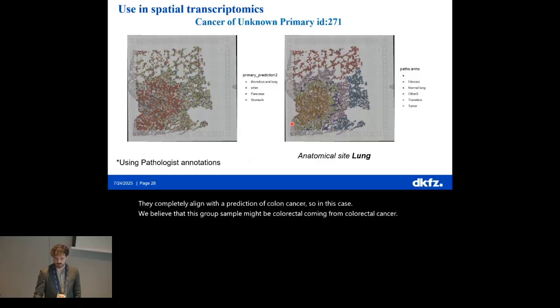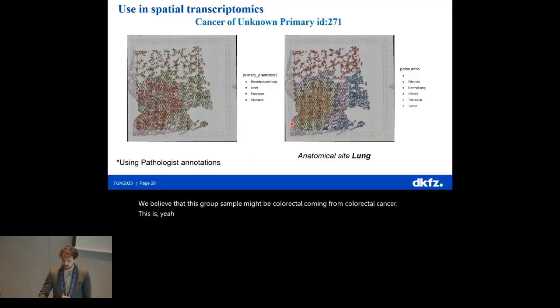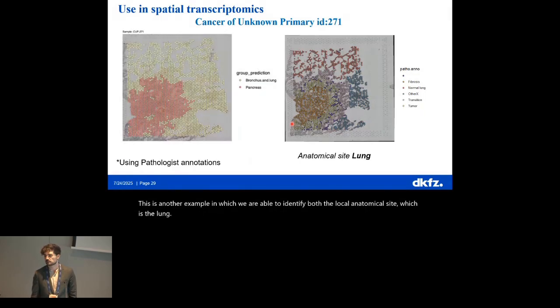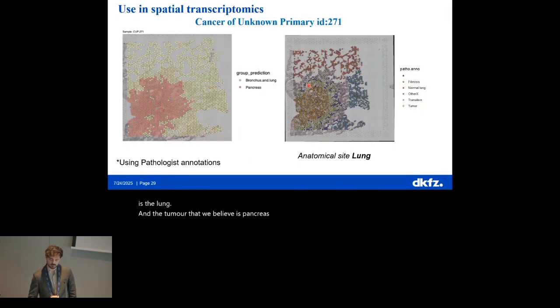This is another example in which we are able to identify both the local anatomical site, which is the lung, and the tumor that we believe is pancreas. Again, we have a mixture of fibrotic tissue and tumor.